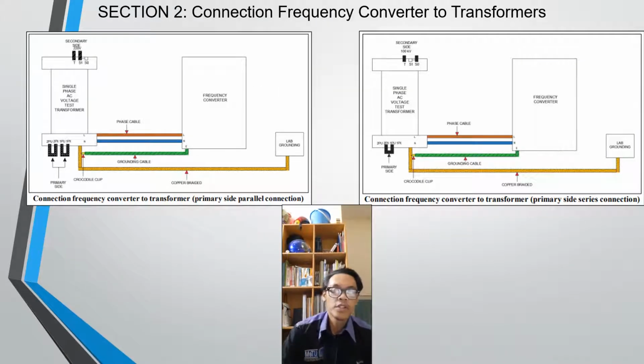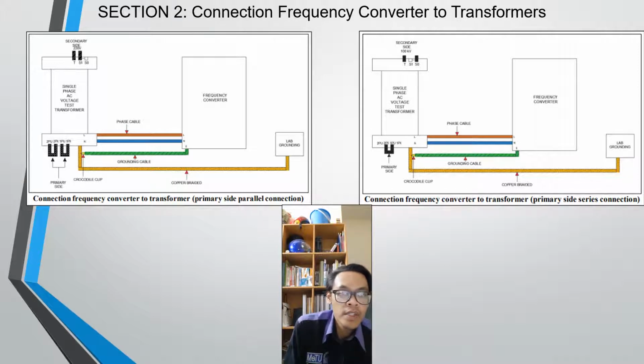The two figures show the connection of the frequency converter to the transformer, where the difference is at the connection of the primary winding side. The connection starts from the main supply of 414 volt, which powers up the frequency converter.